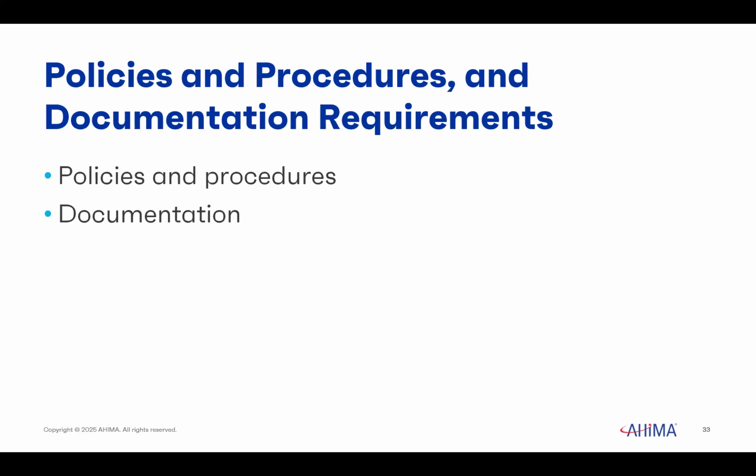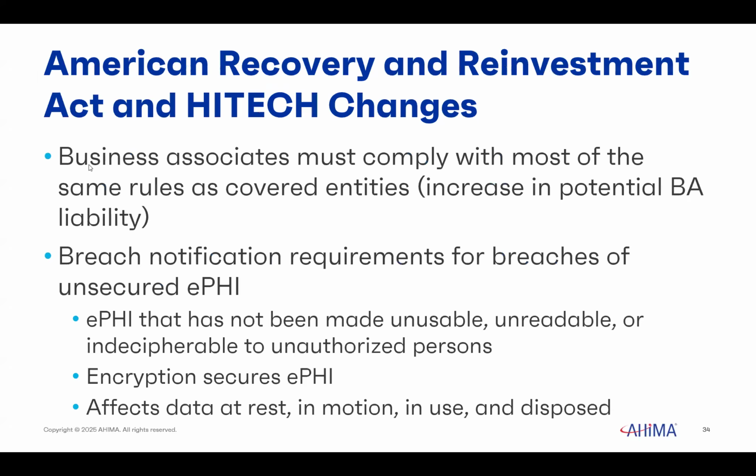We talked about policies and procedures, documentation. Again, this documentation needs to be retained for at least 6 years and updated with dates noted. And now we get into some fun stuff. The American Recovery and Reinvestment Act, ARRA, and the HITECH changes. So basically, this puts some new teeth into what we do with business associates.